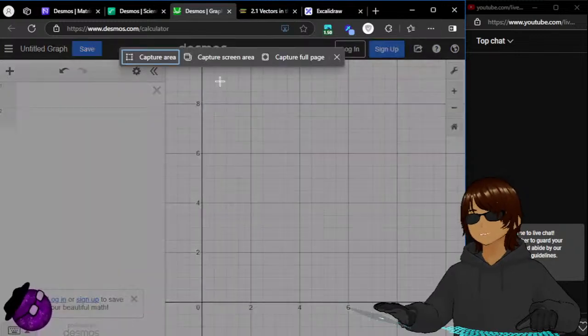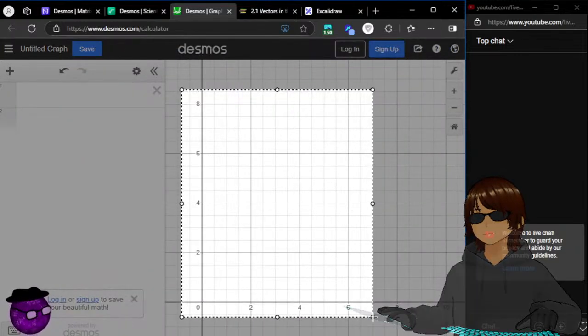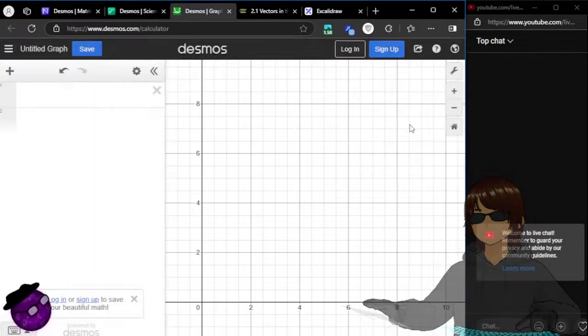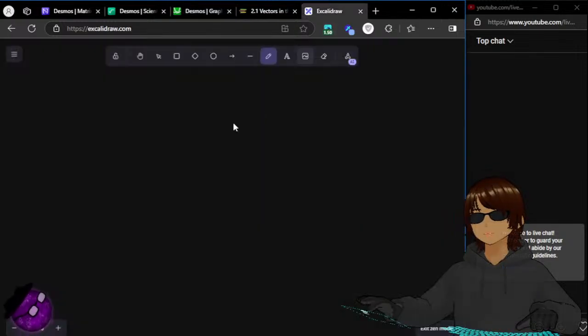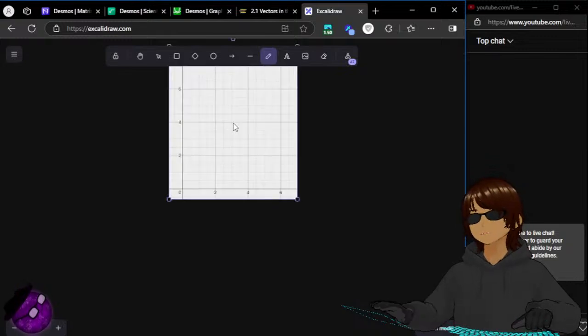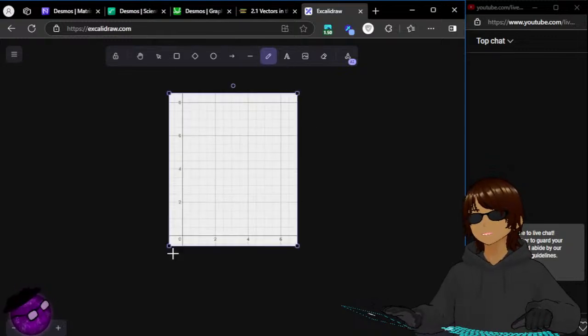Control Shift S. Copy. And then in Excalidraw, draw, I can just paste it. Or if anyone knows if I can draw directly in Desmos, it would be helpful.